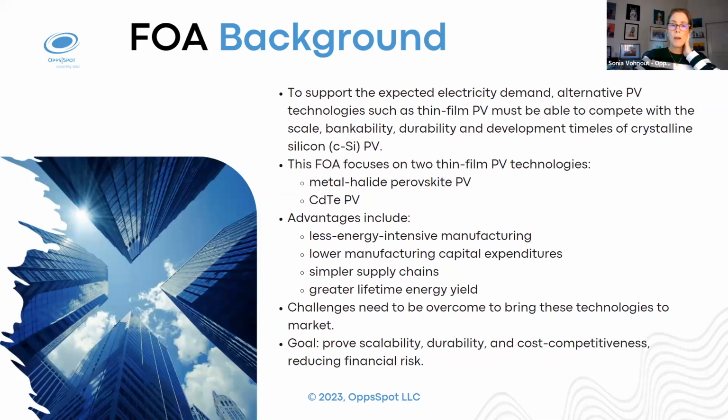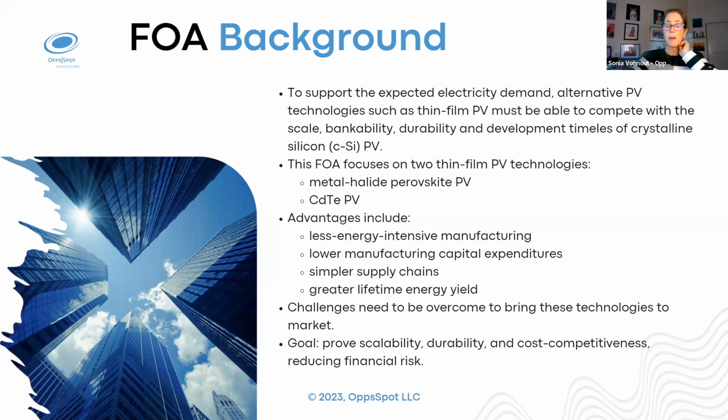Here's a little bit of background. Currently, the technologies provided are based on crystalline silicon, or c-Si, PV. And so the DOE is looking to diversify, in particular using two thin film PV technologies, the metal halide perovskite PV and the cadmium telluride PV.